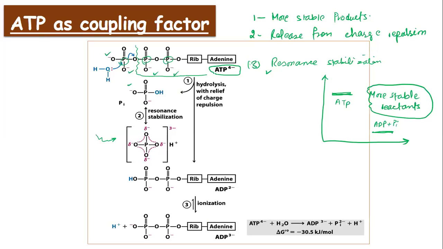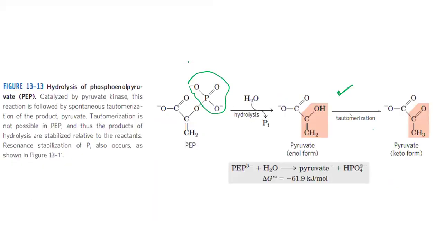And if this oxygen is conducting a nucleophilic attack on phosphate, ATP will transfer its phosphoryl group to this nucleophile, and the remaining structure will be released as ADP.